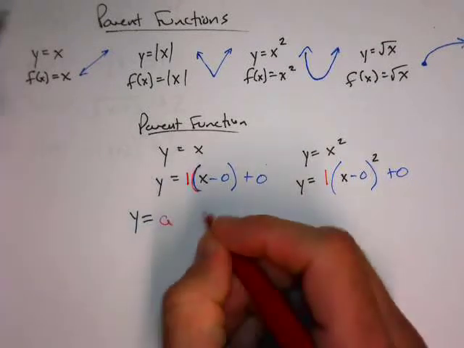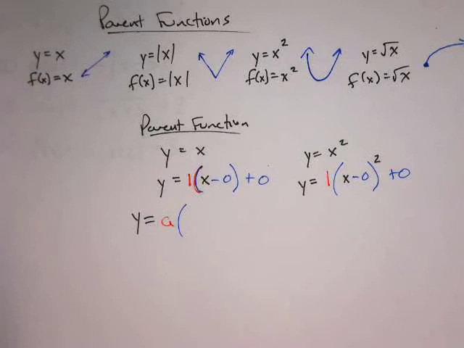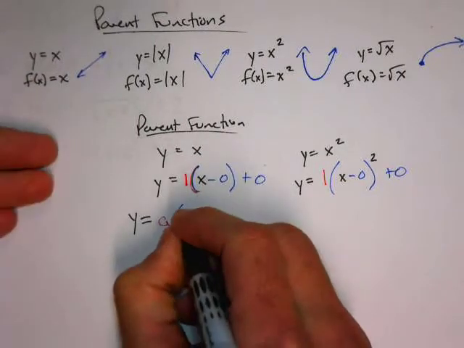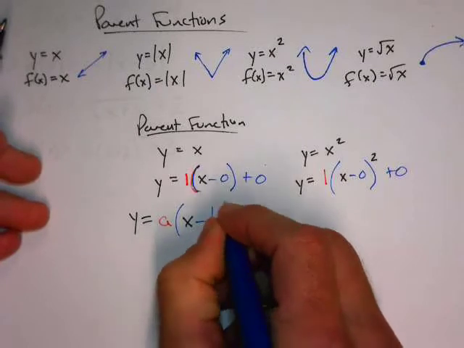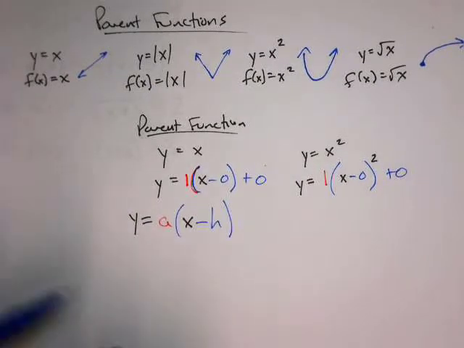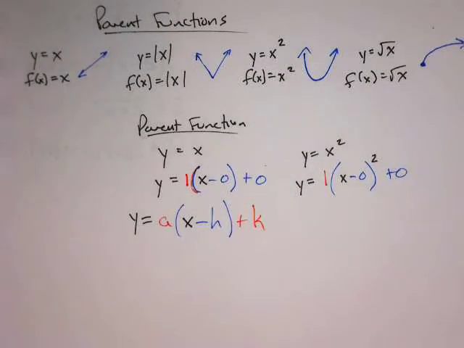We could have an a, which is a normal variable that impacts what's called stretching and compressing. We have an x minus an h, and then a plus k. And so all of these things come together to impact the graph.